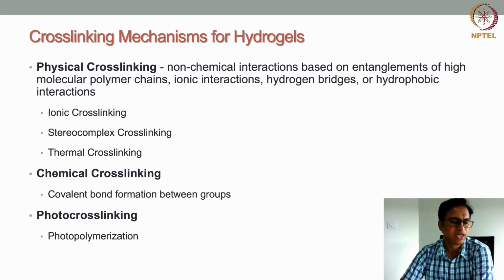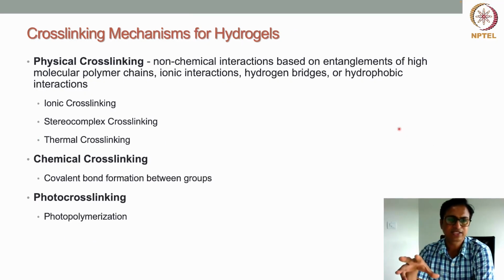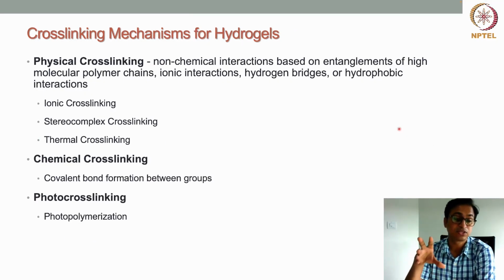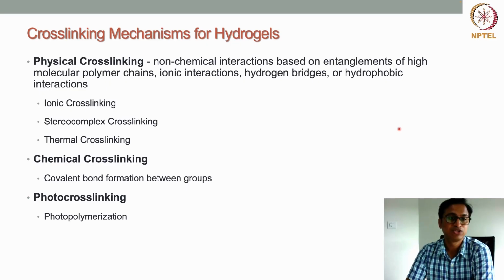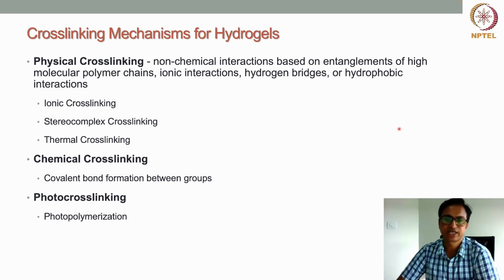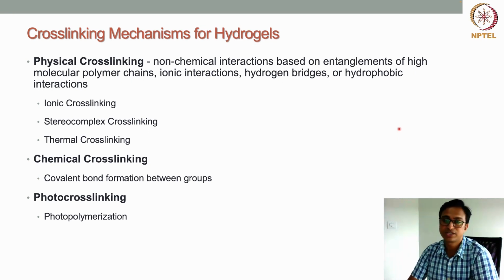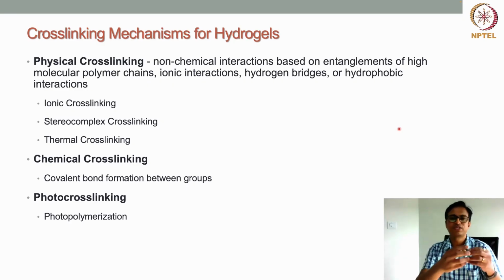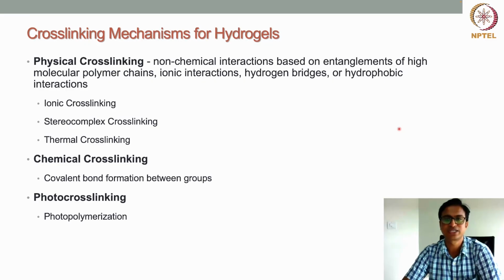When it is physical cross-linking, we mostly talk about non-chemical interactions, where the interaction of the polymers or the hydrogel material can happen due to physical entanglement of the molecular chains, maybe ionic interaction, hydrogen bonding, or hydrophobic interaction, because the hydrophobic pockets can interact with water.